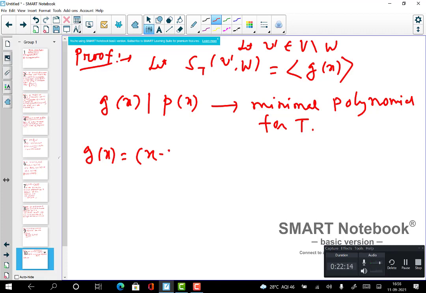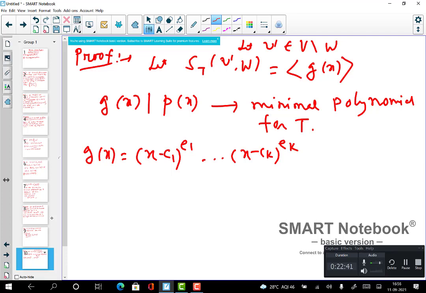Something like (x minus c1) to the power e1, similarly (x minus ck) to the power ek. Some of the e_i may be zero, but at least one has to be non-zero, right?